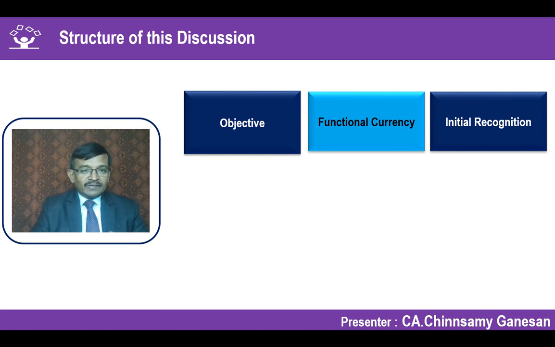As we have seen, this is also an accounting standard. It's not a mere disclosure standard. Accordingly, when a particular transaction occurs in a foreign currency, or a particular investment has been made in a foreign operation, or we are translating the financial statements denominated in another foreign currency into the presentation currency which is different, how the initial recognition of assets, liabilities, income, expenses has to be done when the transaction occurs is what we have to see here also.